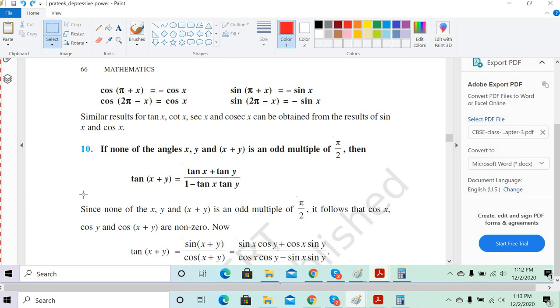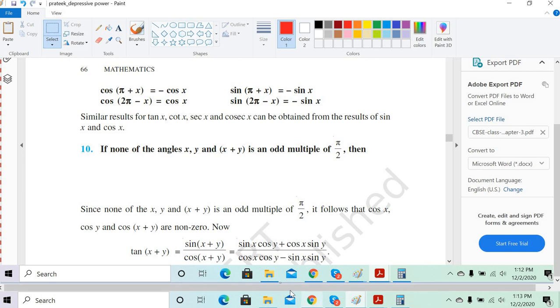Superb. Now find out tan x plus y. Our goal is to find the value of tan x plus y. We already have sin x plus y and cos x plus y.